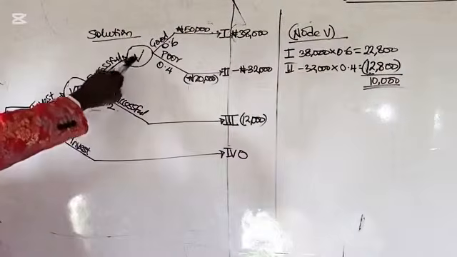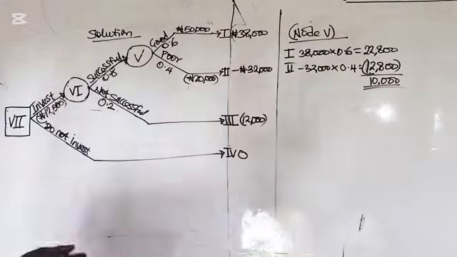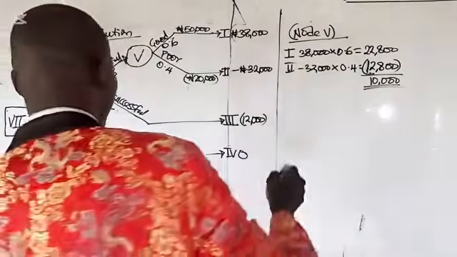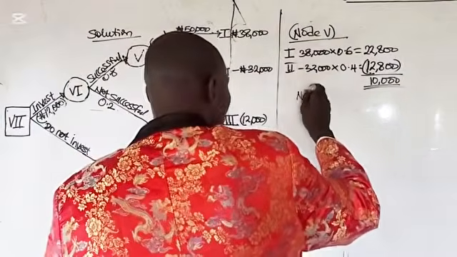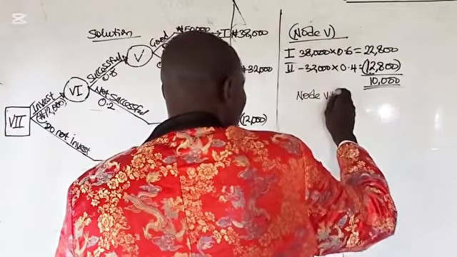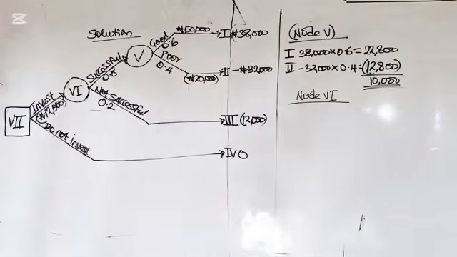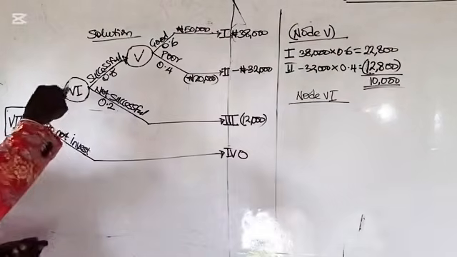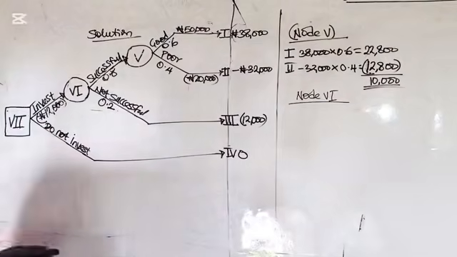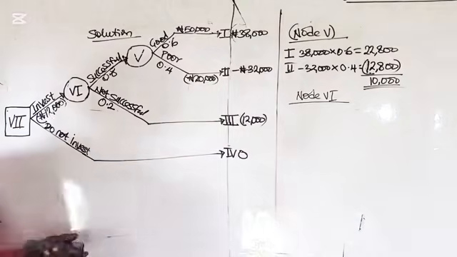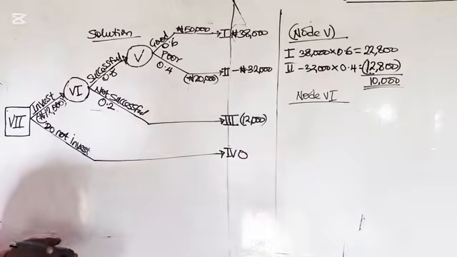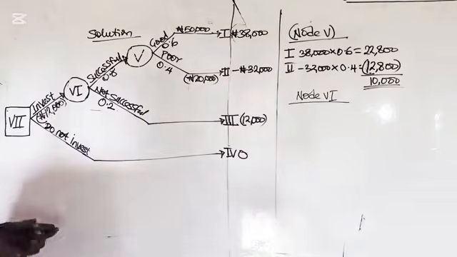After node 5, we have node 6. This node 6 is also a chance node, and I've told you the value of a chance node will be determined through the expected value.